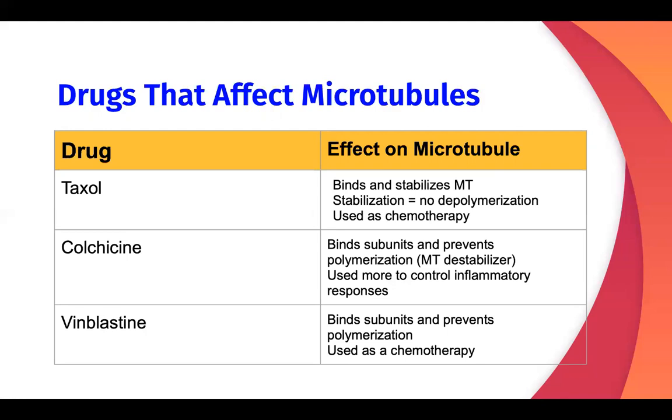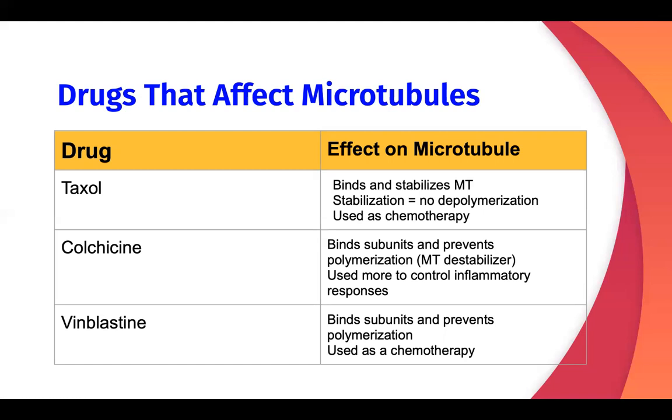Then we have colchicine, which does the opposite. It's a microtubule destabilizer. It binds the subunits and prevents polymerization, and this one is used to control inflammatory responses. Then vinblastine is similar to colchicine in that it prevents polymerization by binding the subunits.